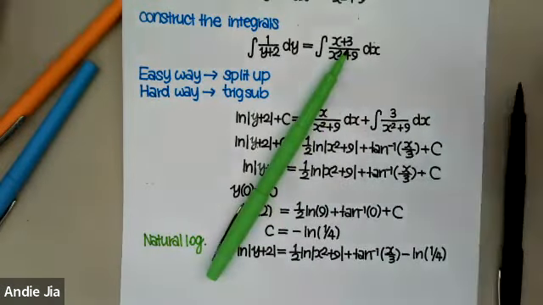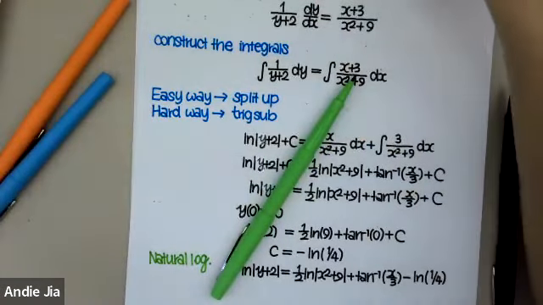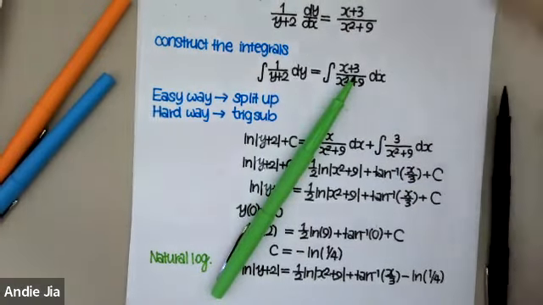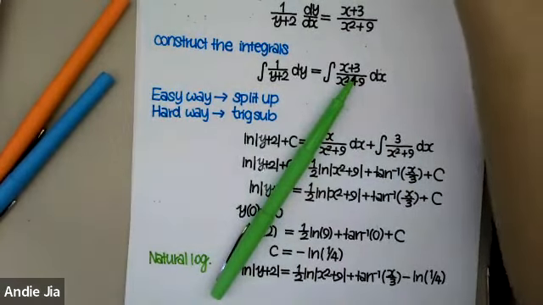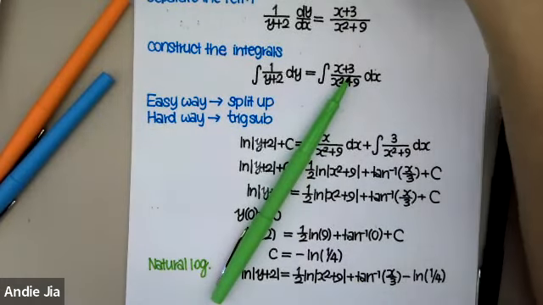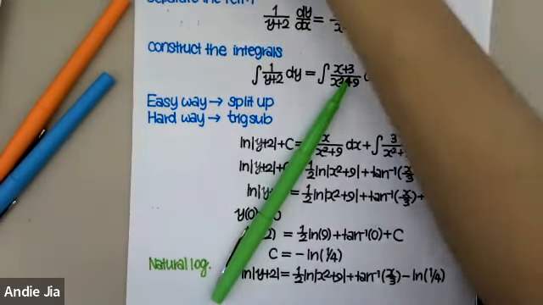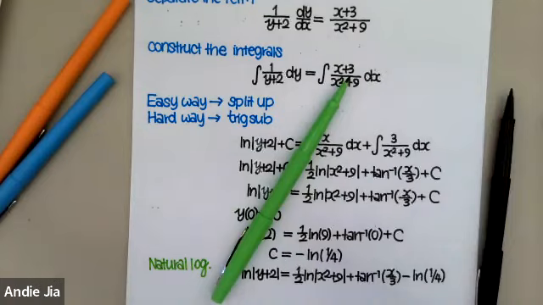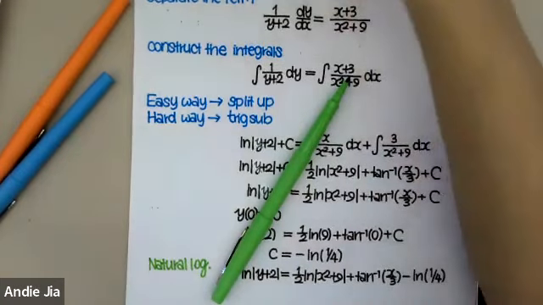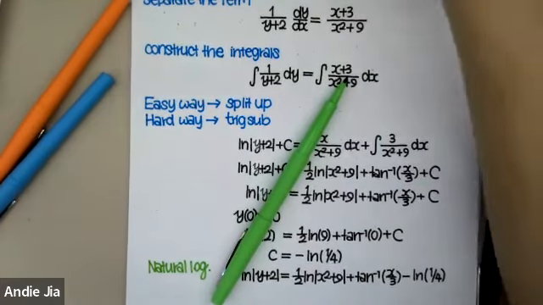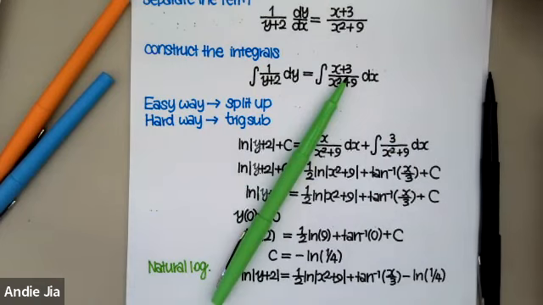I want to solve for natural log. It's the 1/2 of natural log of x squared plus 9 plus arctangent of x over 3 minus natural log of 1/4.